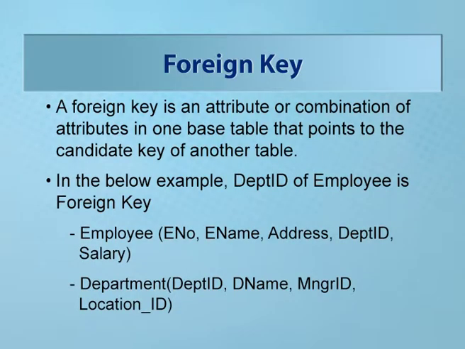A foreign key is an attribute or combination of attributes in one base table that points to the candidate key of another table. Let us take an example. There are two relations, the employee relation and the department relation. In the employee relation, E number is identified as the primary key, and in the department relation, department ID is the primary key.